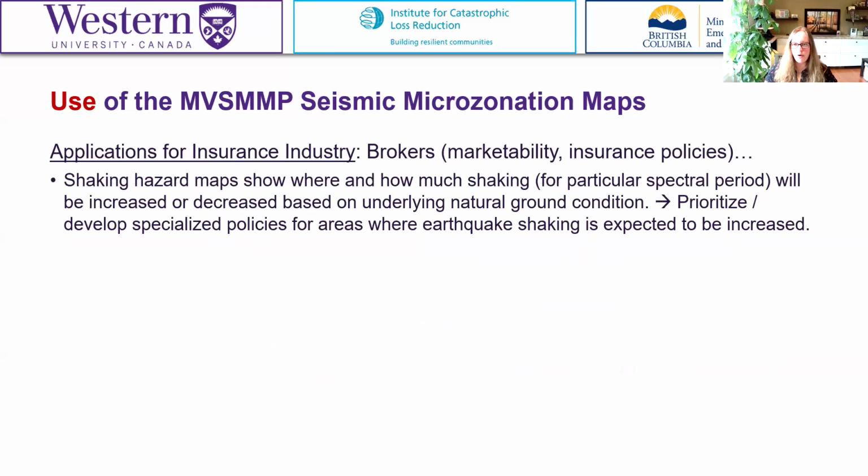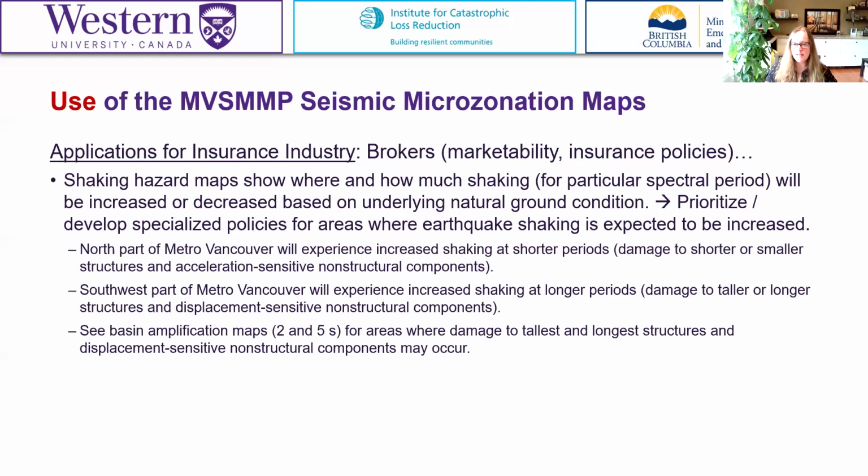I'm going to keep going and be a little crazy here in terms of how insurance policies might change. It's possible to use these maps now, I think, to prioritize or develop specialized policies for areas where earthquake shaking is expected to be increased.